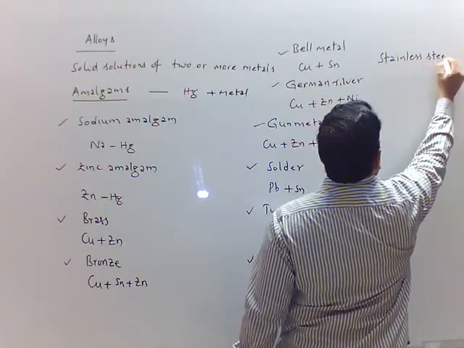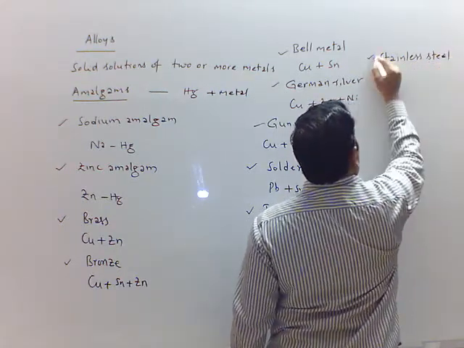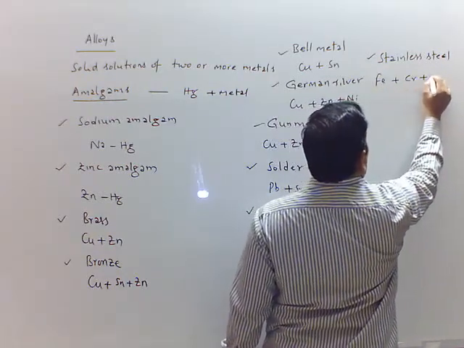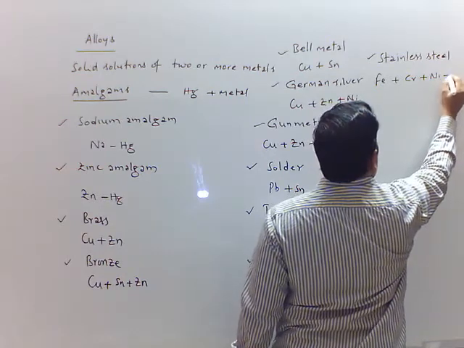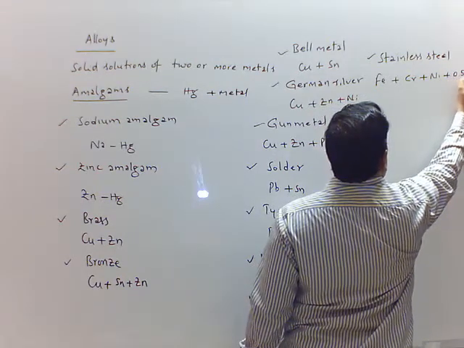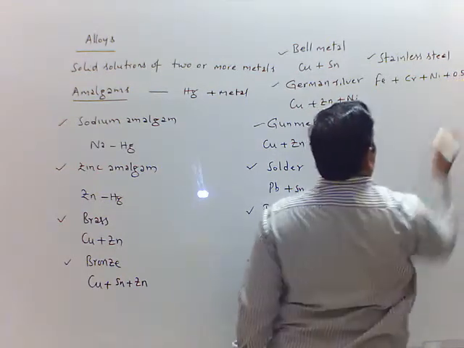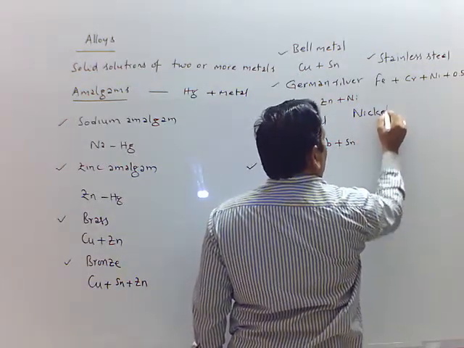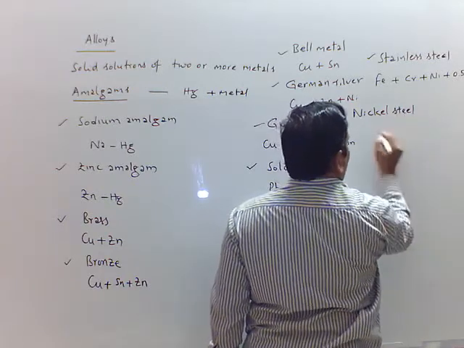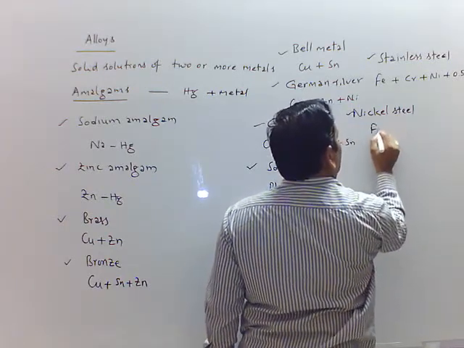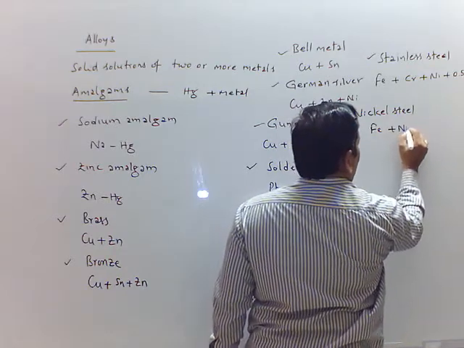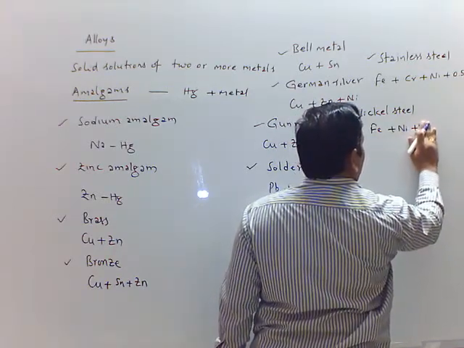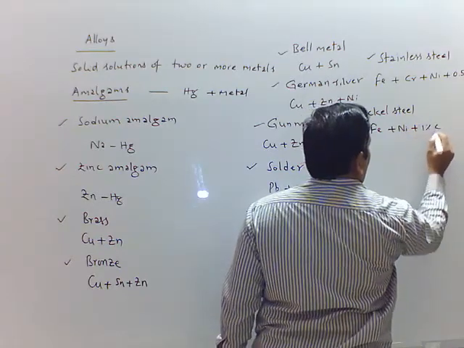Stainless steel: iron, chromium, nickel, 0.5% carbon. Nickel steel: iron, nickel, 1% carbon.